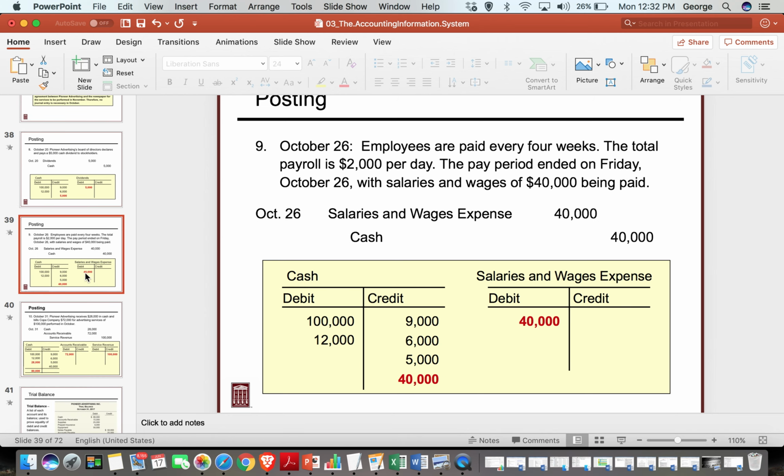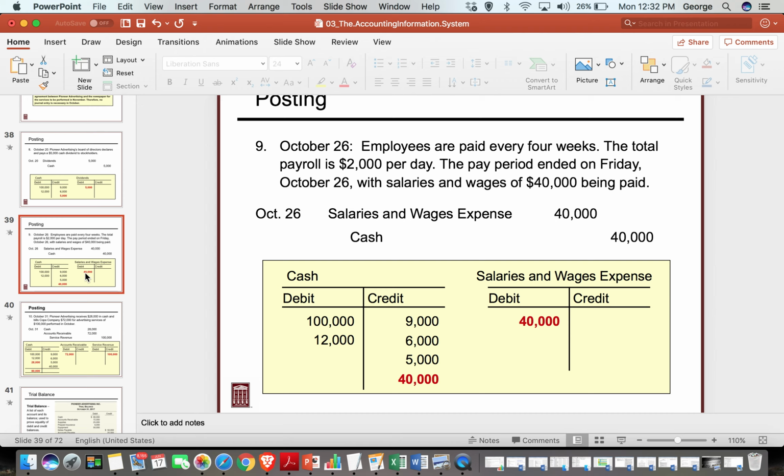Employees are paid every 4 weeks. Total payroll is $2,000 per day. Pay period ends on Friday, with salaries and wages of $40,000 being paid. All right, so we have, let's see, $2,000 times 20 days, right?